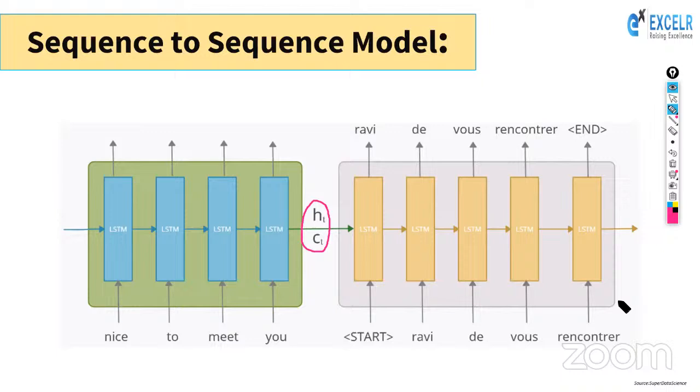There is a very interesting part in the decoder. The decoder also contains the LSTM neural network architecture, right? That's why we are calling the sequence to sequence model a 2 LSTM architecture or 2 RNN architecture. That means the first LSTM model is for the encoder part and the second LSTM is for the decoder part. So the decoder also contains a certain number of LSTM layers.